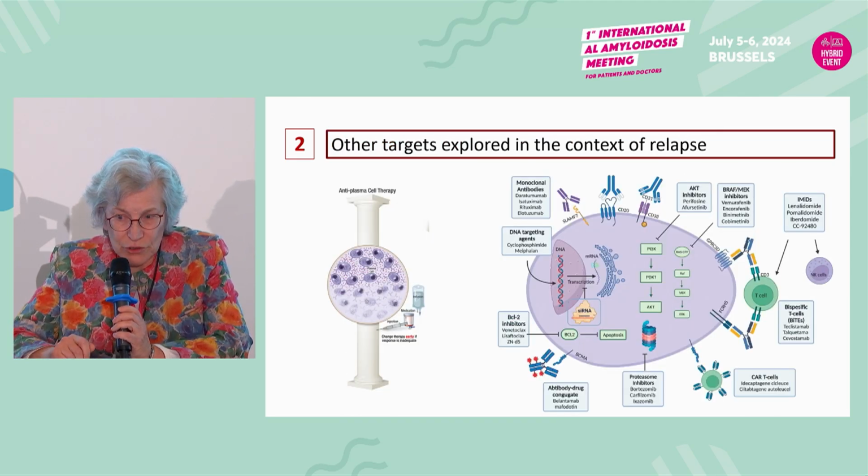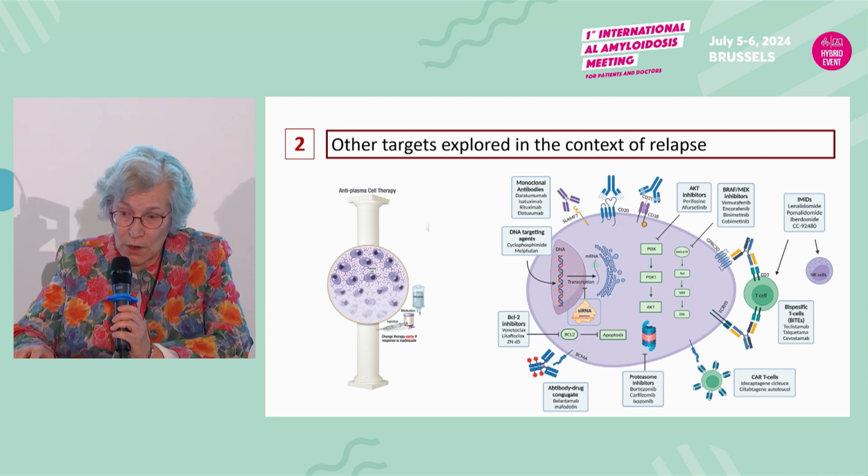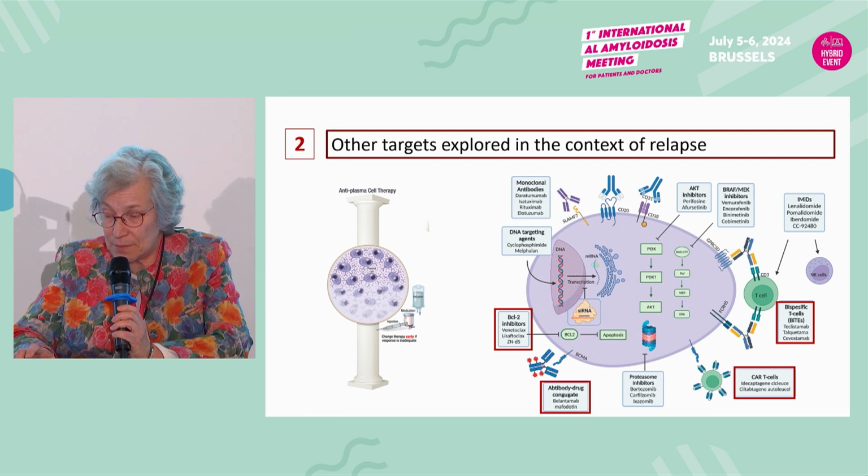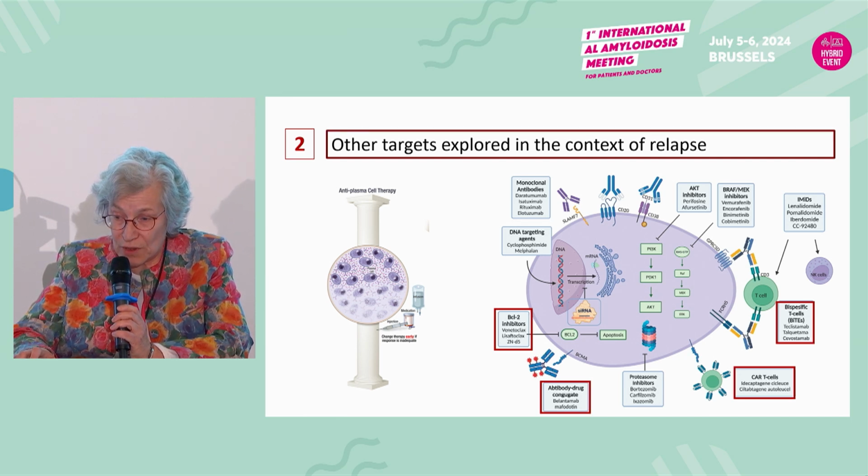there are certainly other targets that can be explored in patients who do not respond well enough. We spoke in the morning about IMiDs, and particularly pomalidomide, but the other targets can be BCL2 with venetoclax, or the BCMA receptor on the surface of plasma cells with antibody drug conjugate, bispecific, or maybe later on CAR-T.